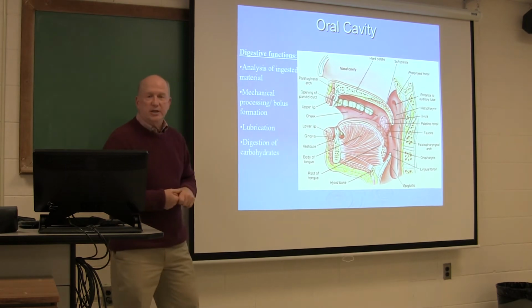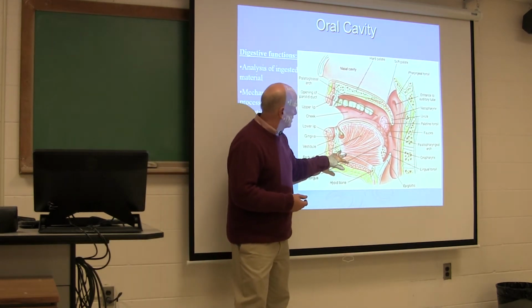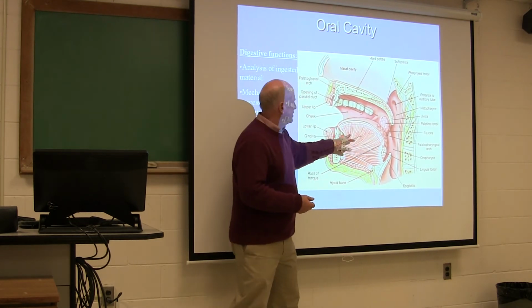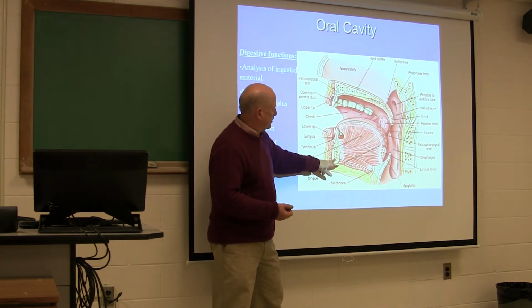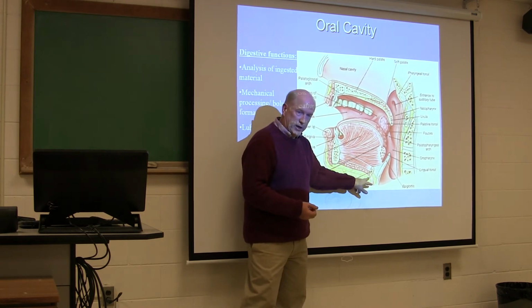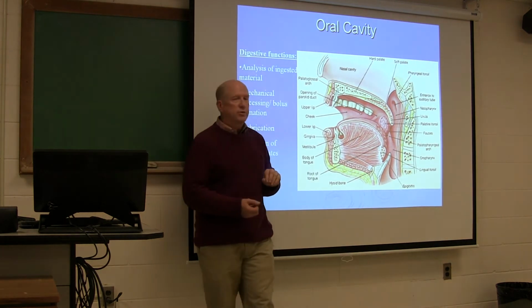I like the slide. Look at the size of your tongue in the sagittal cross section here. Look at the size of this tongue. All you see is this top part. But the tongue obviously has to be attached somewhere. So it's attached to the inner side of the mandible all around. And there's a hyoid bone down there too. But there are lots of different parts within the tongue.